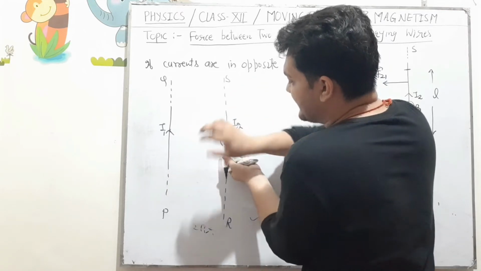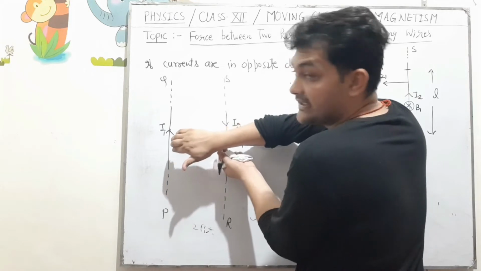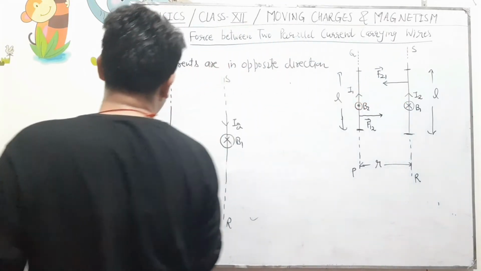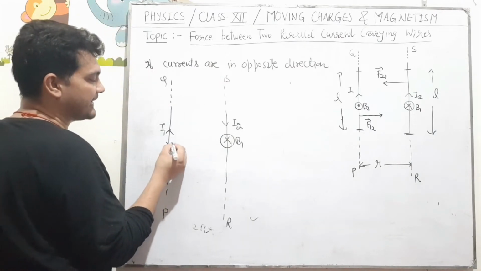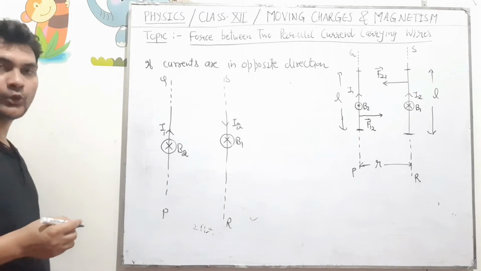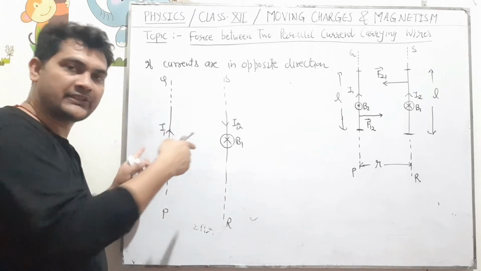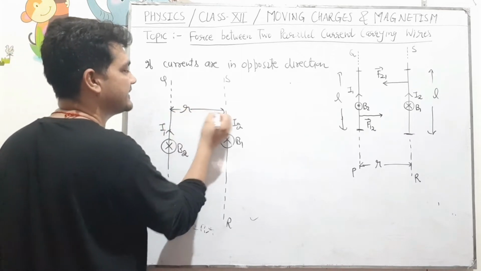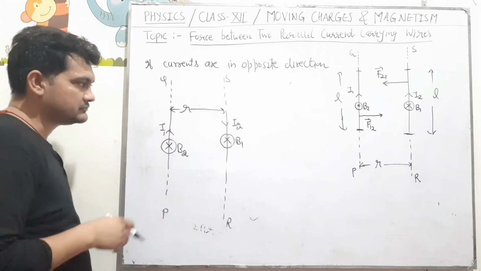The direction of magnetic field is given by curled fingers, and it is inward into the plane of the board. So here also the magnetic field is inward, B2. Now both the magnetic fields are inward into the plane of the board, and small r is the gap between the wires.